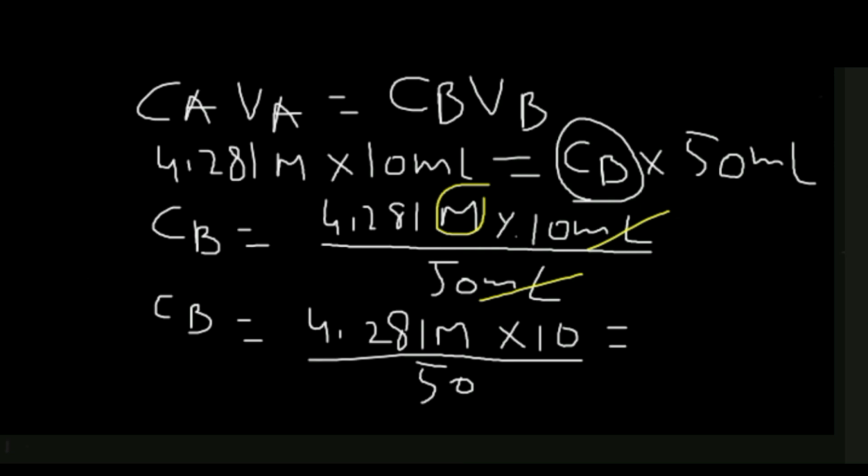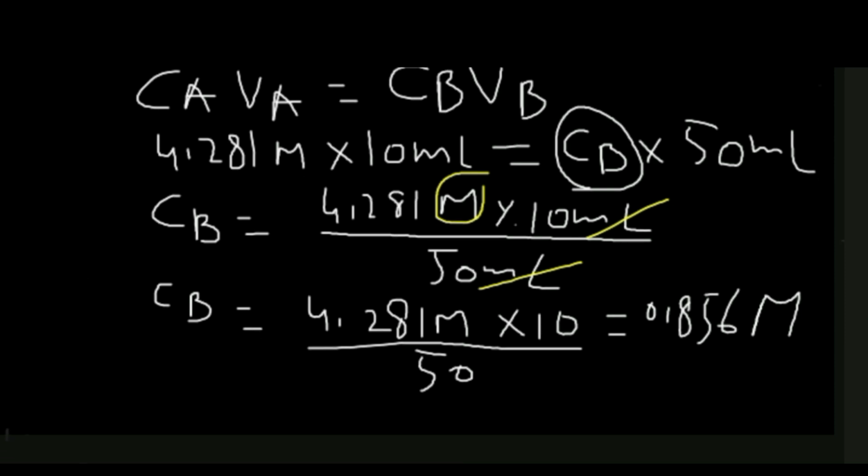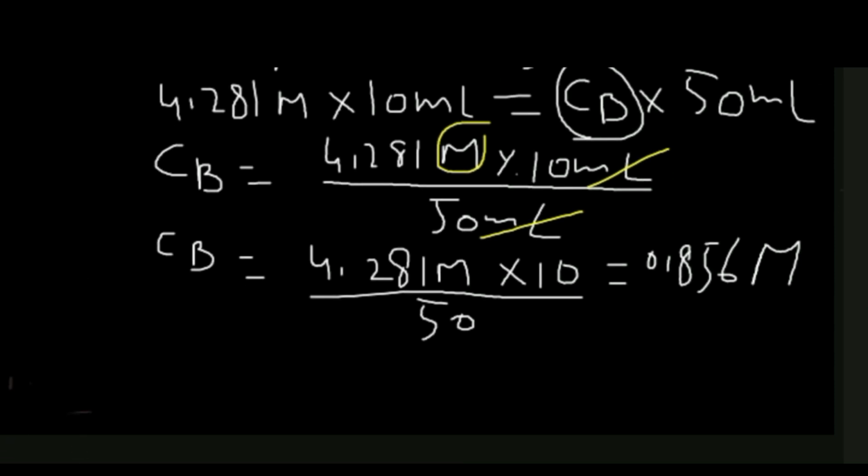If we divide and multiply these all, from this we can get 0.856 molar. So we can write here that Cb will be equal to 0.856 molar.